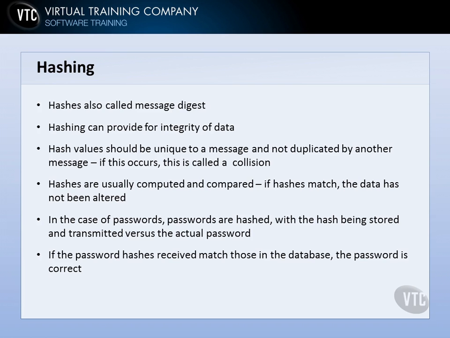So when you log in, you put in your password, the password is hashed, the hash value is sent across the network, that hash value is compared to a hash value that's stored in Active Directory, for example, and if they match, if they're identical, then we know that the user input the right password. The Active Directory side of the house doesn't know what the password is, it just knows what hash is produced when a hashing algorithm was run against the password. So that way you ensure integrity of the passwords themselves.